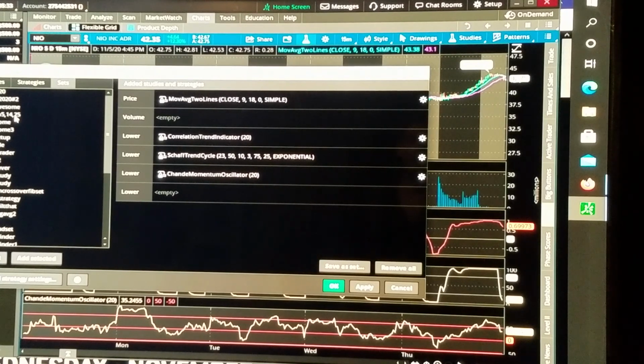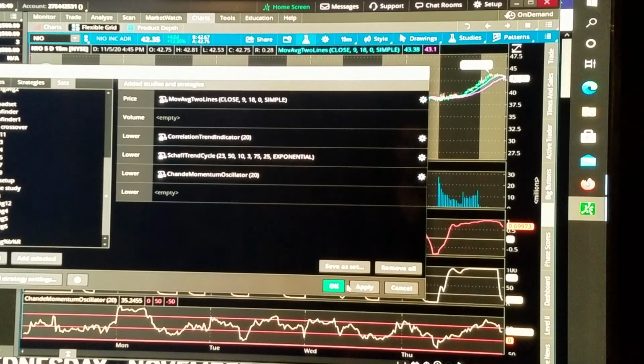Or you can do them closer together for swing or farther apart. It just depends on the stock you're trading and volatility and things like that. But we have some studies that we've been working on.